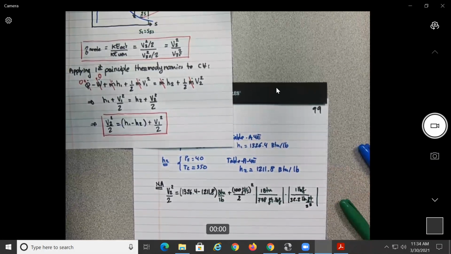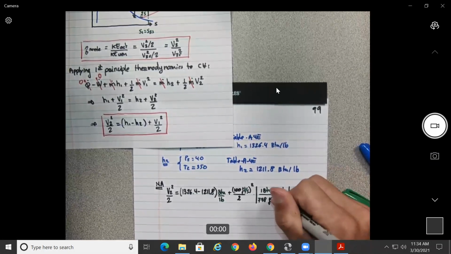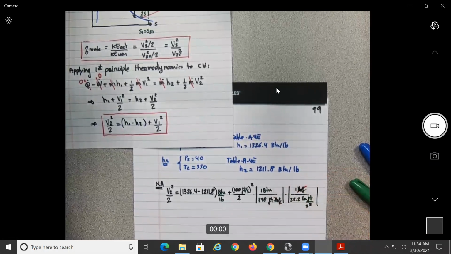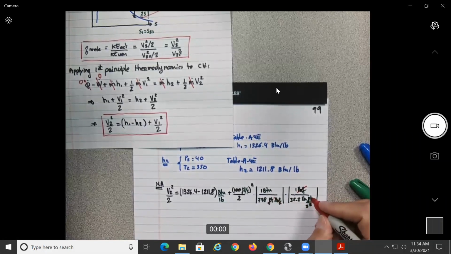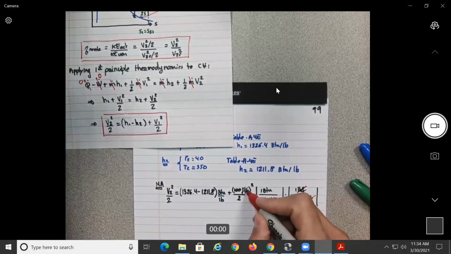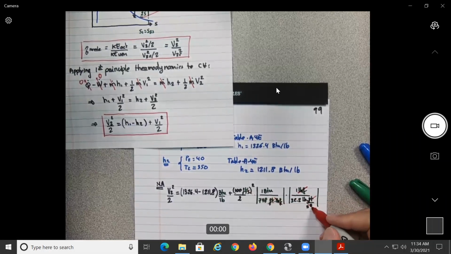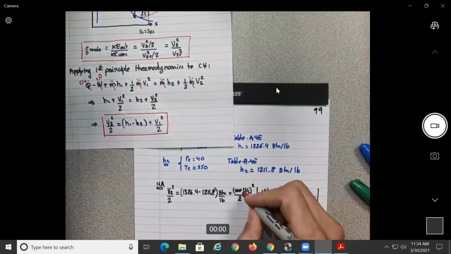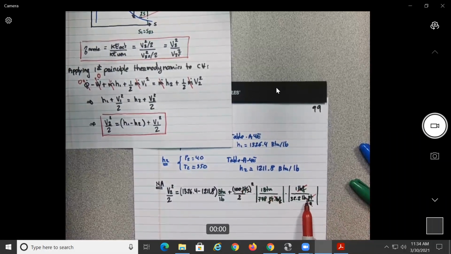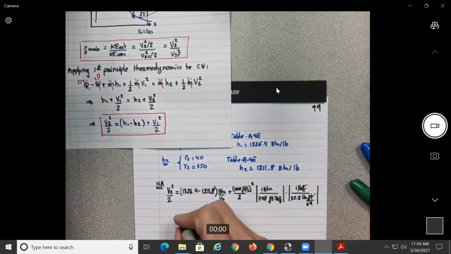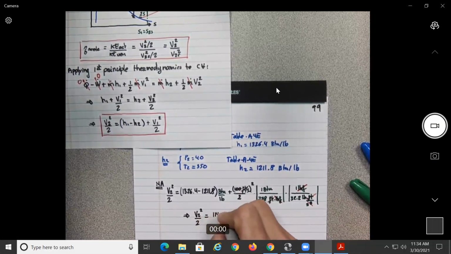So over here you see that on the right hand side, the lbf will cancel with the lbf, the foot will cancel with the foot, then the second squared will cancel with this one. So you have foot squared over here, and we are left over with BTUs per pound. So if you do this calculation, you get that V2 squared over 2, I did it for you since I have it for once, is equal to 114.8.